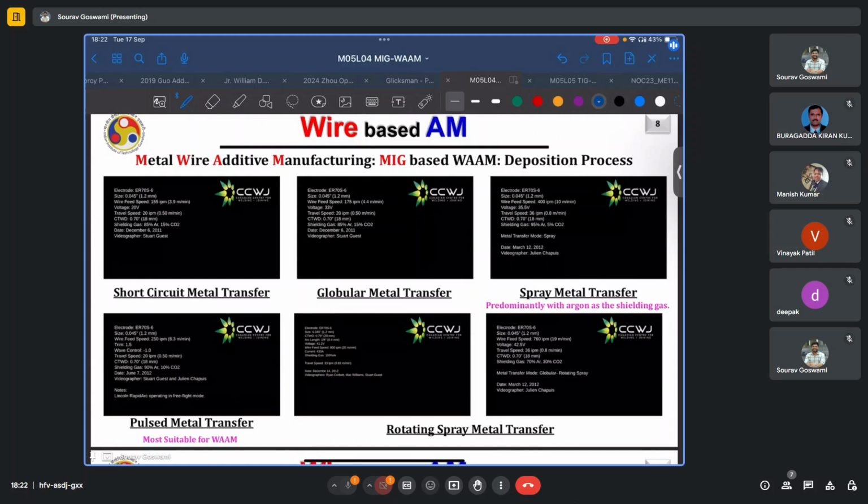Because of this short circuit, the current that flows through the circuit increases tremendously, also leading to high amounts of heat being generated, because as we know, the amount of energy is equal to I square R T. So it is proportional to the square of the current. Because of this large increase in current, the wire melts immediately and the short circuit is broken. Then this process repeats for deposition of metal.